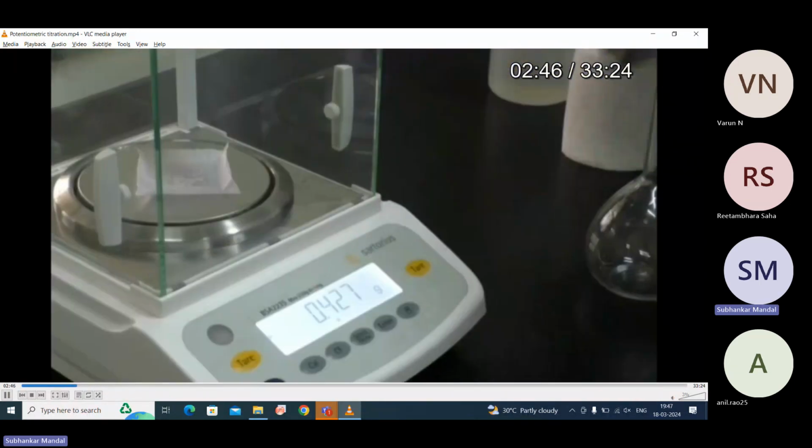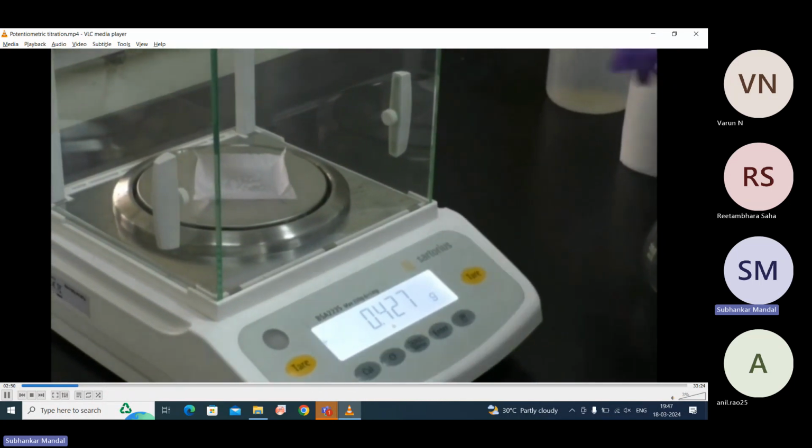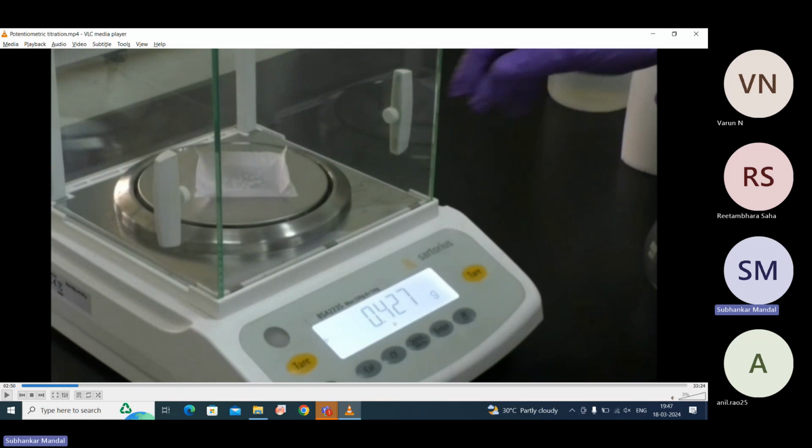Silver nitrate is a secondary standard. Secondary standard means whatever concentration you make will not be exactly the same. Suppose you made a 0.1 molar silver nitrate solution, but if you measure its concentration, it won't be exactly 0.1 molar.